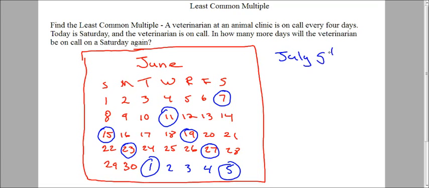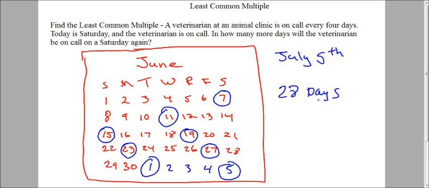So if we do the math for that, we will see that he will be on call in exactly 1, 2, 3, 4, 5, 6, 7, 8, 9, 10, 11, 12, 13, 14, 15, 16, 17, 18, 19, 20, 21, 22, 23, 24, 25, 26, 27. He'll be on call in exactly 28 days.